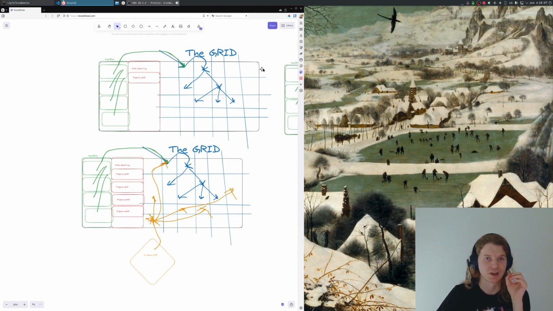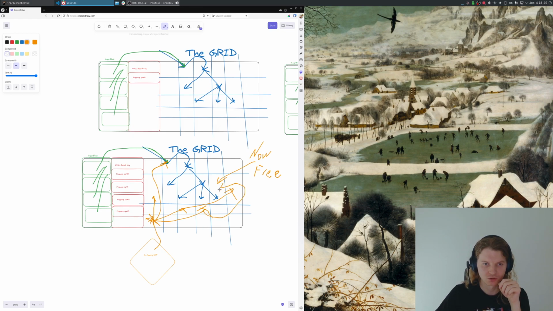So, okay, assume that we started in this state, and then we wrote something here, and then we realize that this block is now free. And what if we immediately reuse this block to store some new data structure?